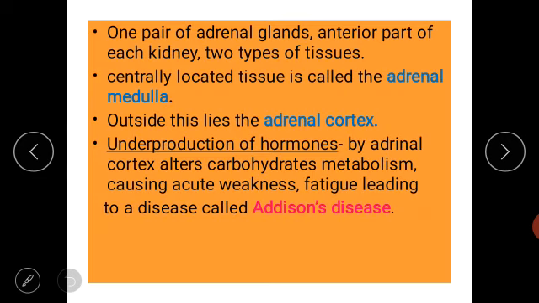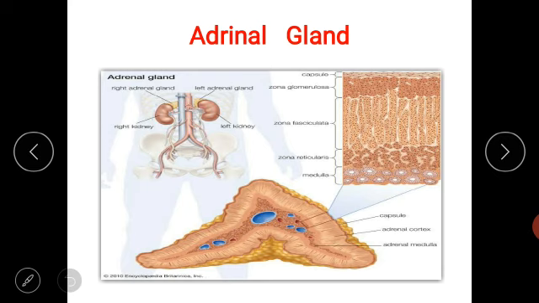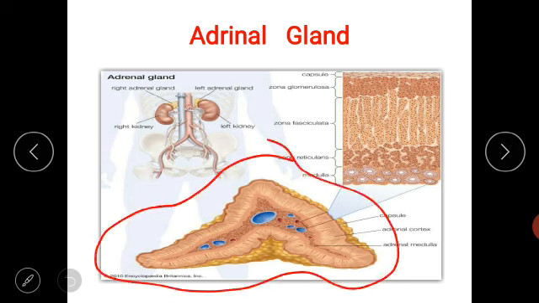Yellowish in color. As you can see in the image, these are the pair of kidneys, and on the top of the kidneys you can see the adrenal gland, and this is the actual structure of the adrenal gland, which is situated on the kidney.